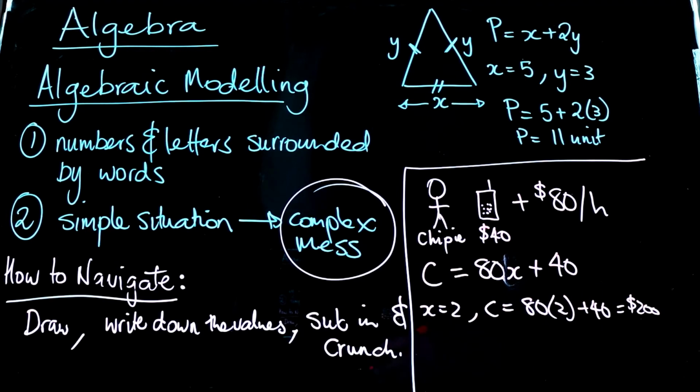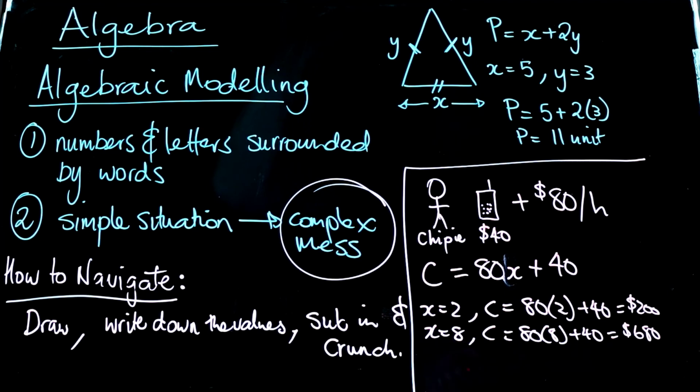Okay? And then they might say, oh, well, he worked 8 hours on another job, work out the cost. So 80 times 8 plus 40, 640 plus 40, 680 for that job, for example.